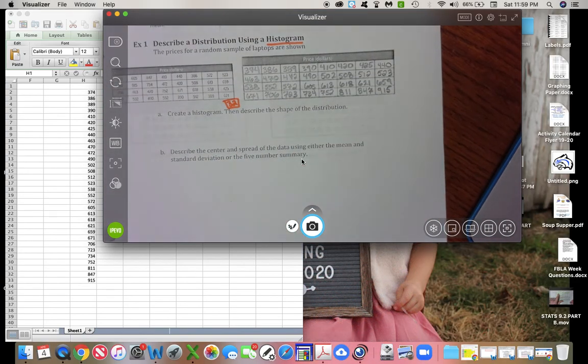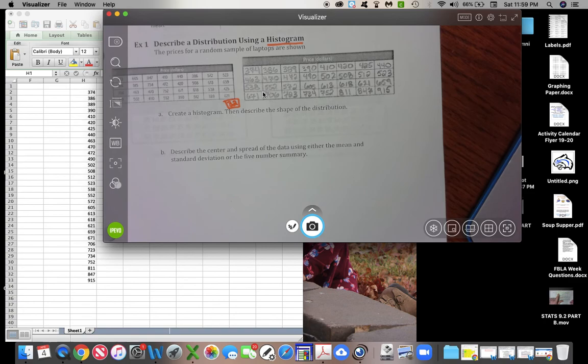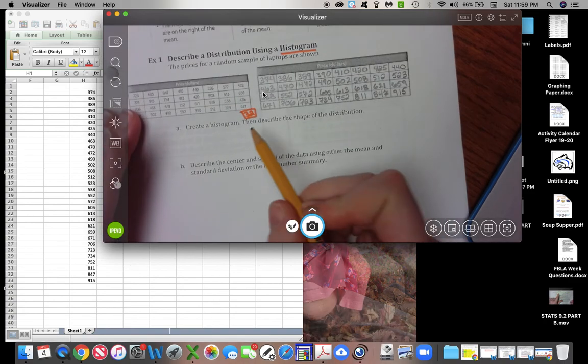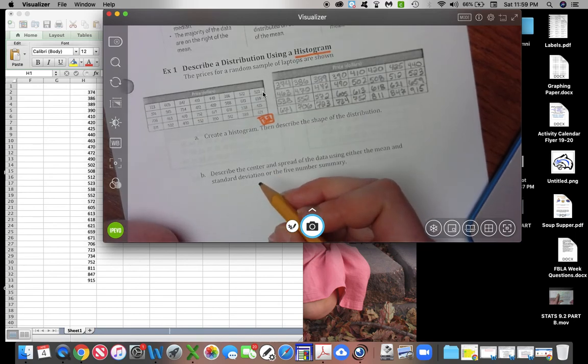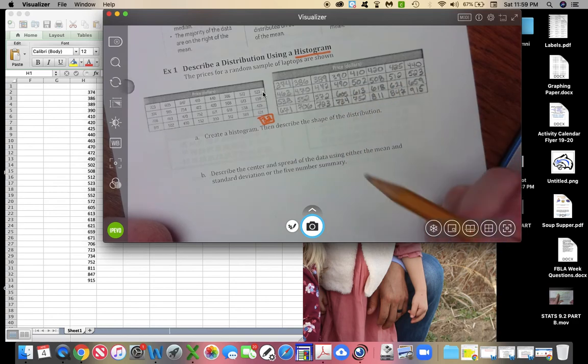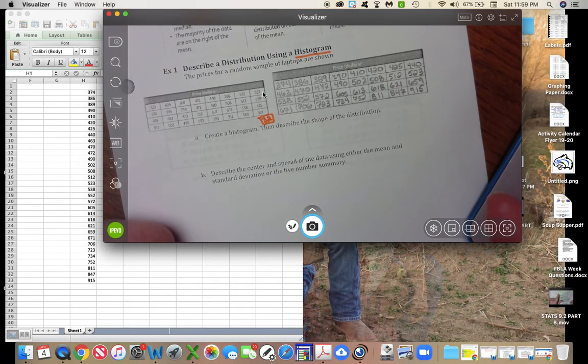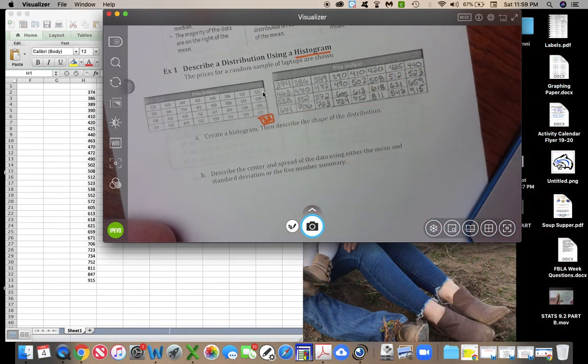So this is my data set, putting these numbers from here in order into that data set. That kind of made it helpful for me. Okay. So describe the shape of the distribution. What I'm going to do is make a list of how many are in each category, and we have to decide what our categories are going to be. So are we going to go like 300 to 350 as a category, 350 to 400?